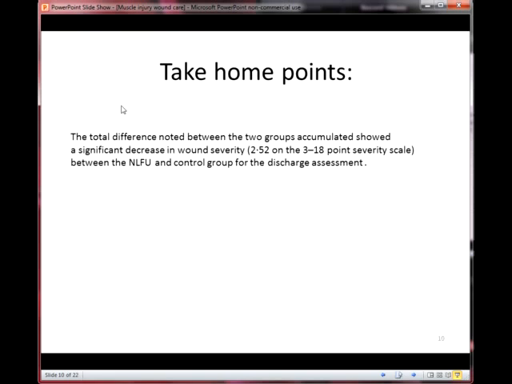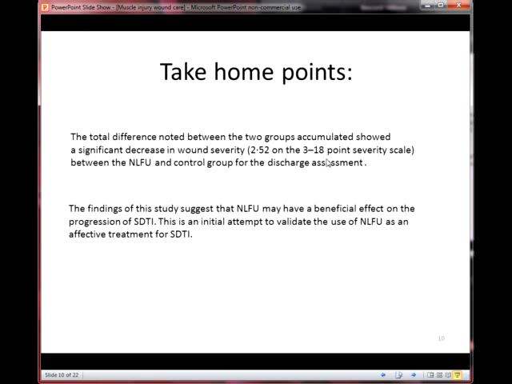So the take-home points of their study is they looked at two different groups, one that received the therapy and one that did not. And the one that did receive the therapy improved by 2.52 on this 3.3 to 18 scale. So what they found basically was that this therapy of non-contact low-frequency ultrasound probably had a beneficial effect in the progression of this deep tissue injury because their assessment scale showed an improvement.